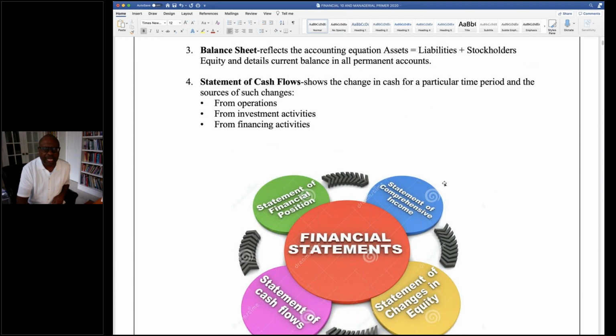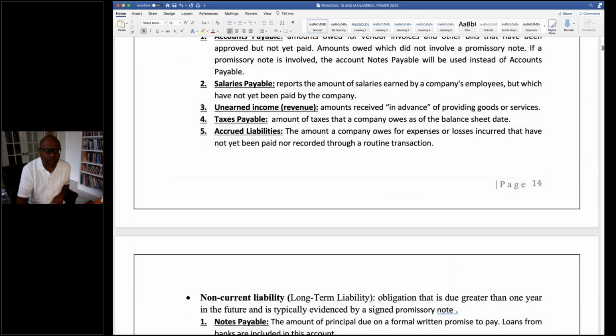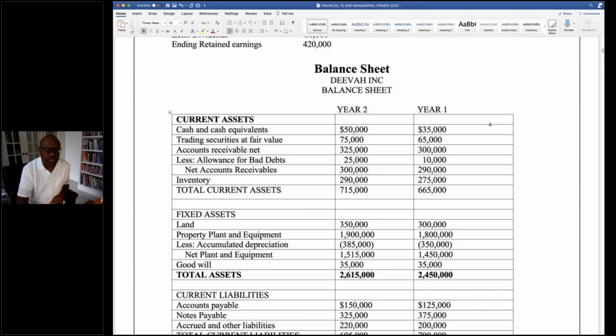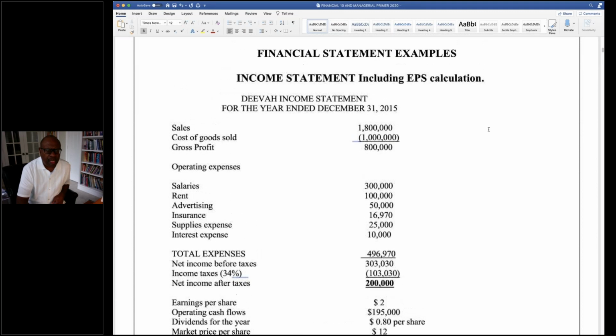So let's begin to look at how we're going to get to that point. This is a guide for how the financial statements will eventually look. We'll just do an abbreviated thing, but eventually you prepare, first of all, the income statement.